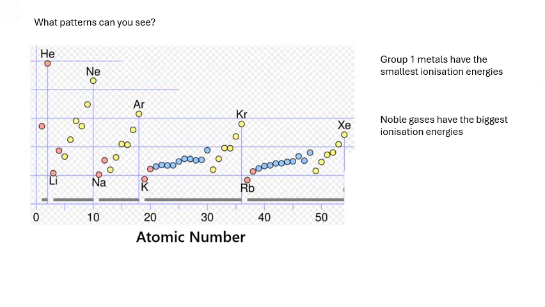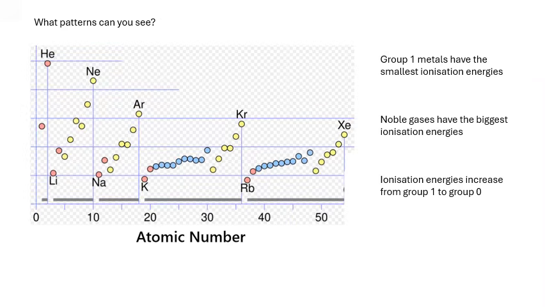So helium, neon, argon, krypton, xenon, they have the biggest ionization energies. So that's group 0. Ionization energies increase as we go from group 1 to group 0.